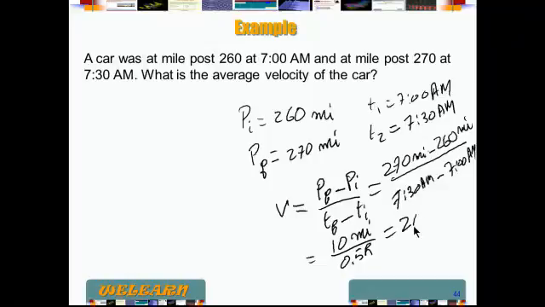So it is 20 miles per hour. If we were on 75, that's a bad day.